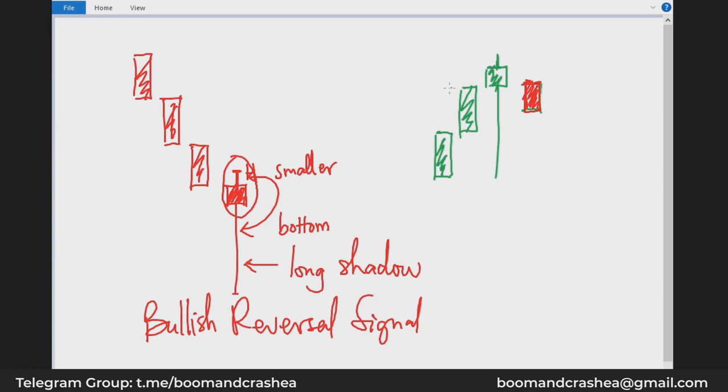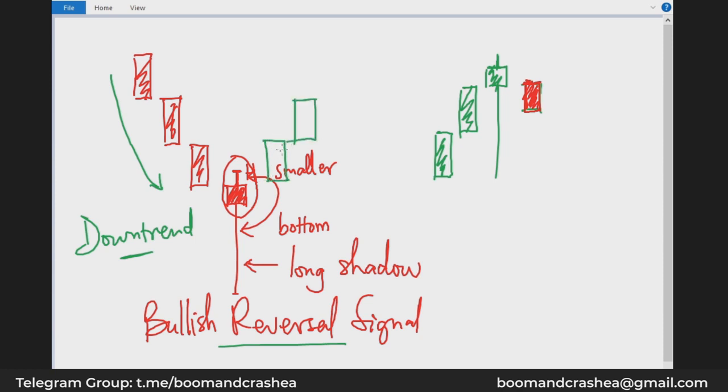Now this is the end of a downtrend with a hammer. So there's a downtrend here. It's signaling a bullish reversal. That complements a downtrend, and so you should be expecting a green candle forming over here.